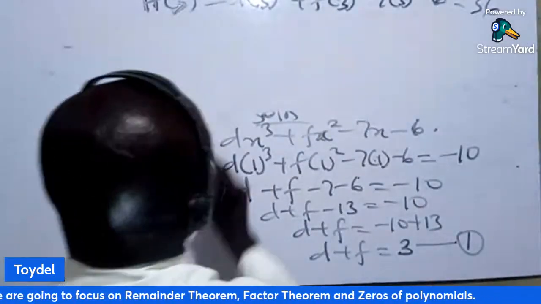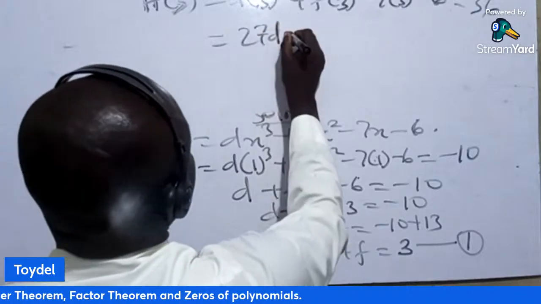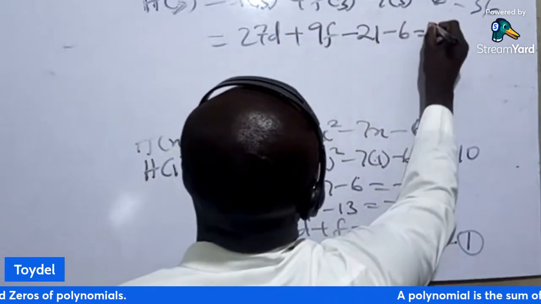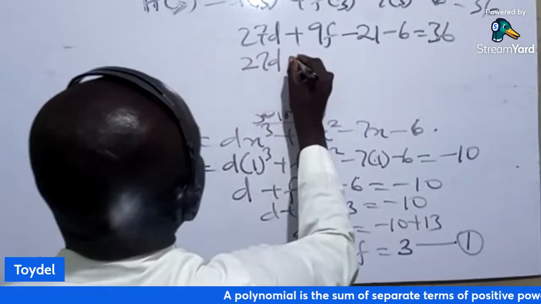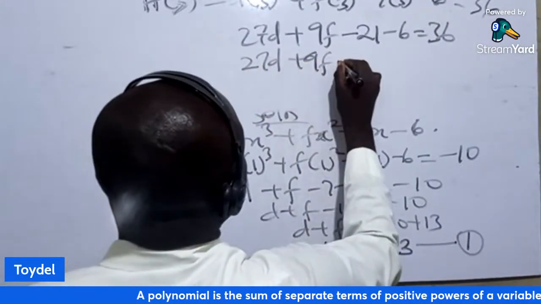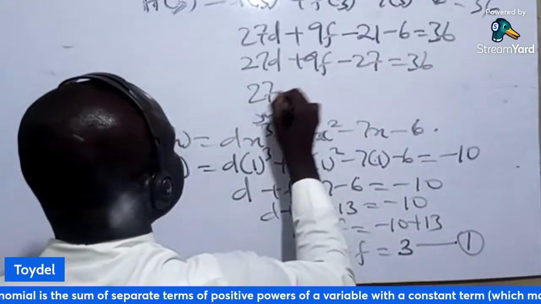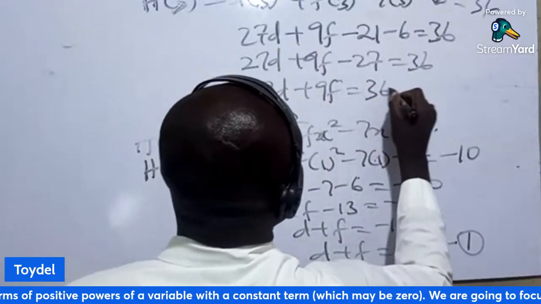Then what do we get here? We are going to have 27d plus 9f minus 21 minus 6 equal to 36. So here we are going to have 27d plus 9f minus 27 equal to 36. So we have 27d plus 9f equal to 36 plus 27.